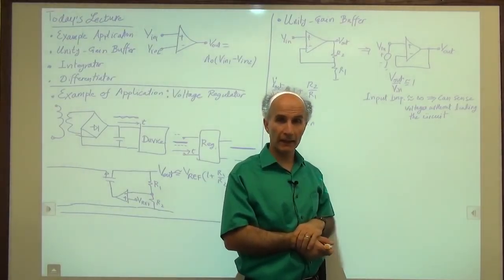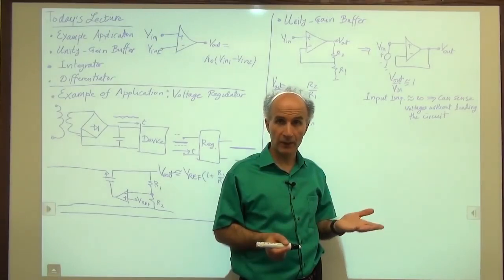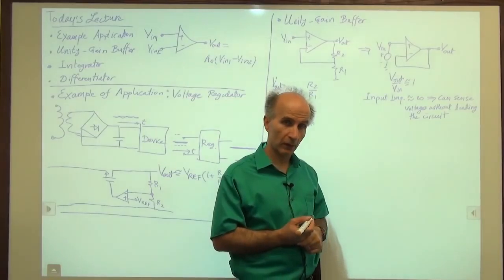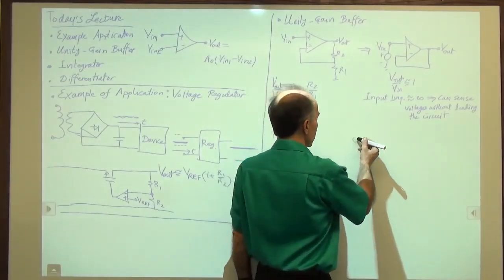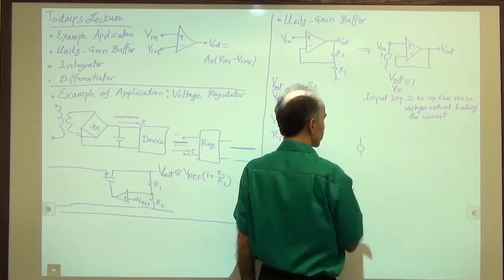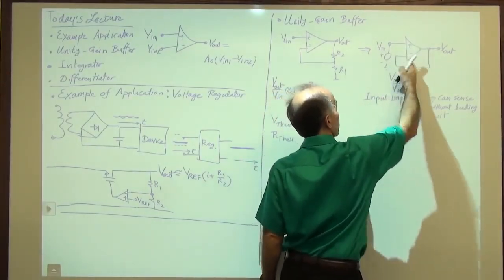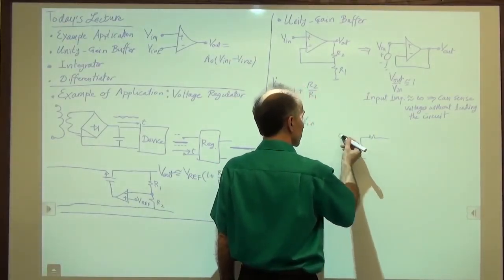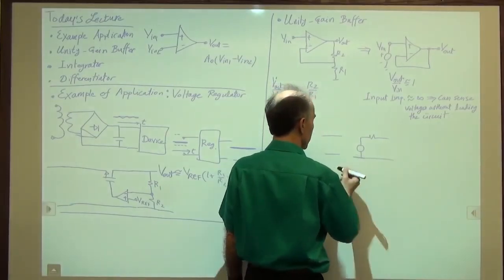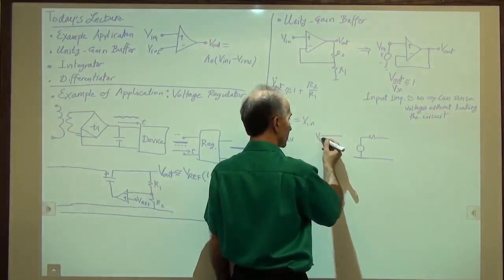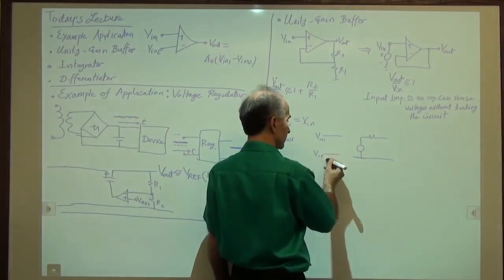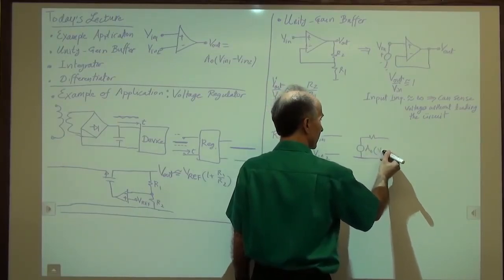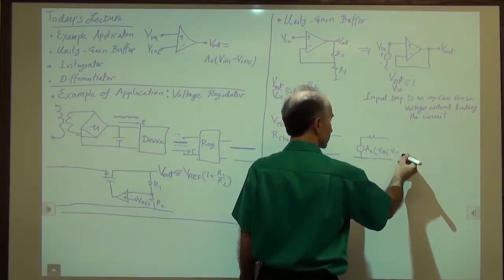How do I model that? Okay, well, we said that, for example, the 741 has an output impedance of 75 ohms. What does that mean? Well, let's try to construct a model for the op-amp. The op-amp wants to generate a voltage at the output. So, in a sense, I'm constructing a Thevenin equivalent for the op-amp itself. And that's what it looks like. So, this is V in 1. This is V in 2. This is A0 times (V in 1 minus V in 2).